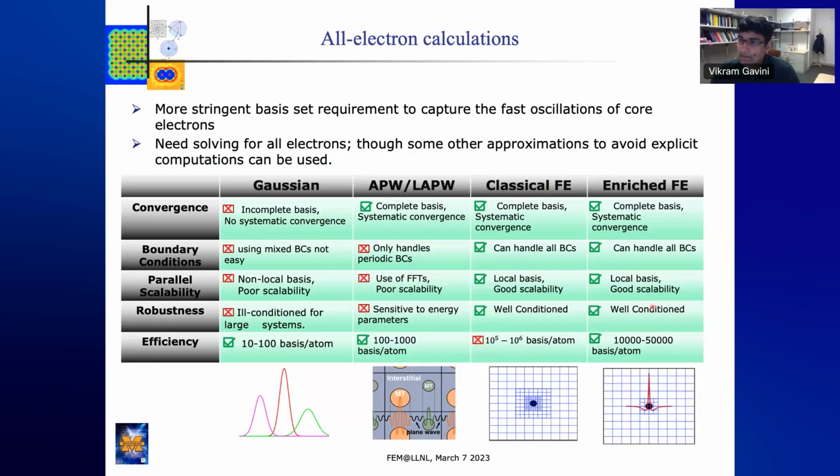So this is where we are exploring an idea: can we enrich the finite element basis with single atom Kohn-Sham orbitals, which can substantially reduce the basis set requirement and allow us to access much larger scale all electron DFT calculations.